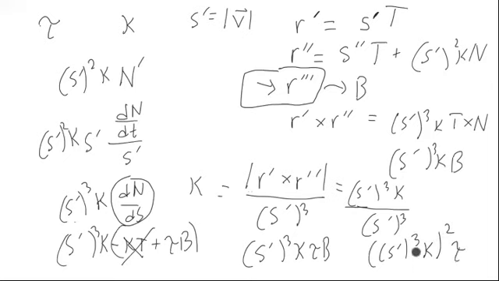So when we take a dot product, we just end up getting this right here, which, remember that s prime cubed kappa is the same thing as r prime cross r double prime. So to get tau, what it all just amounts to doing the following.